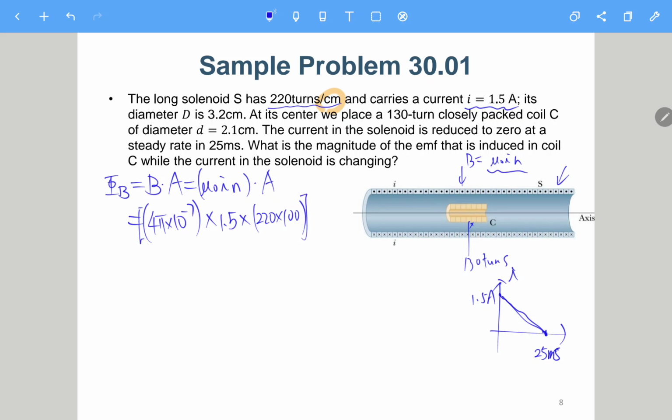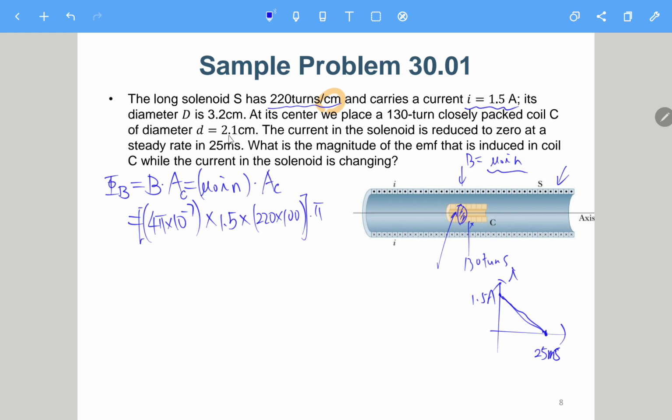And then for A, we need to talk about the cross-section area of the smaller one, because for this cross-section area the B field is changing, so it will generate the EMF for coil C. So we can denote it as A C, the cross-section area of coil C. This is pi r squared.